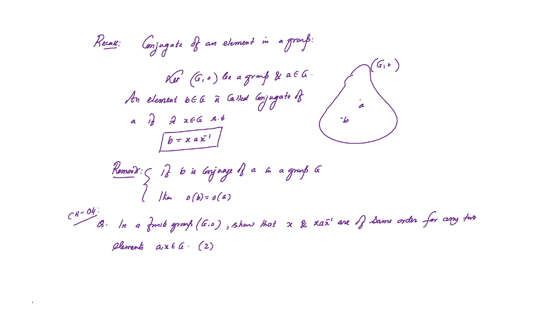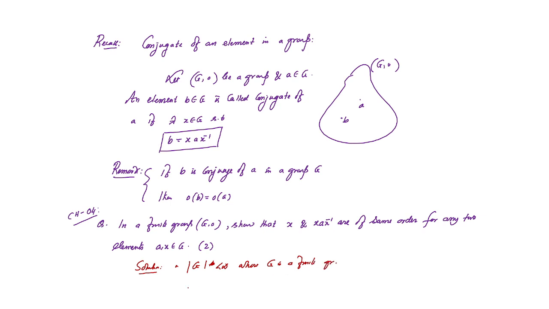Now you just try to identify that X A X inverse is basically the conjugate element of A. So how will you prove it? Here is the solution. What is given? G is a finite group, so the order of G is finite, less than infinity.